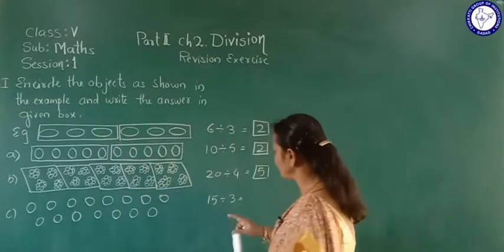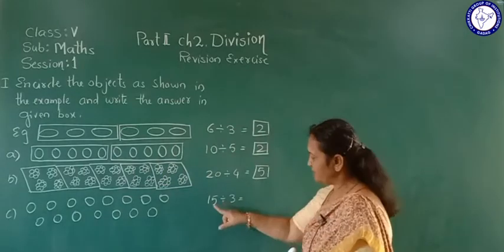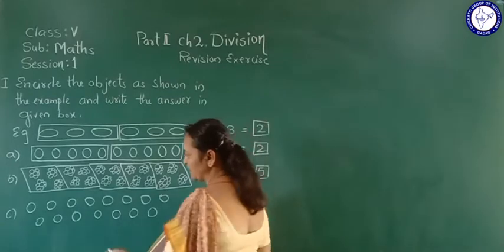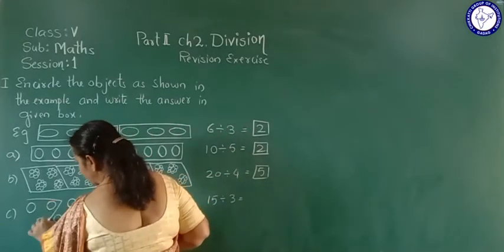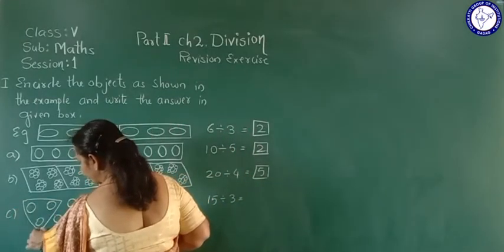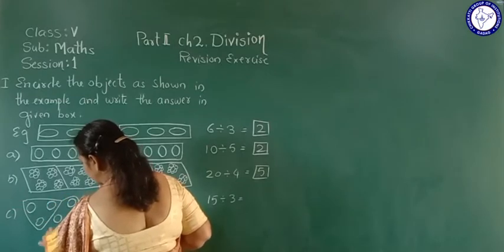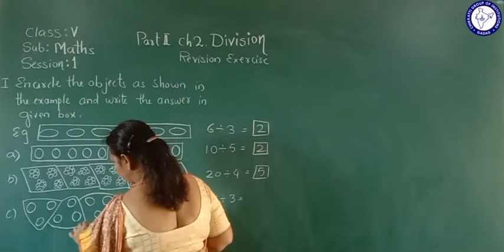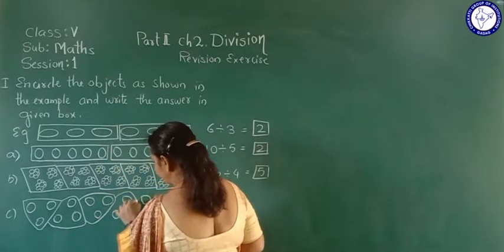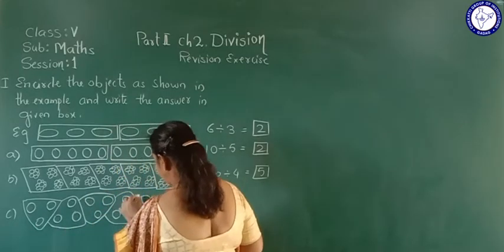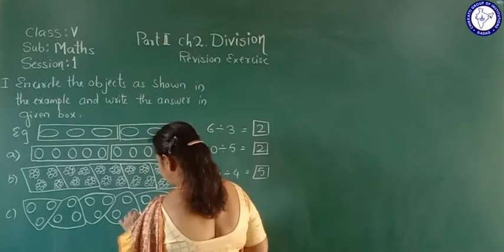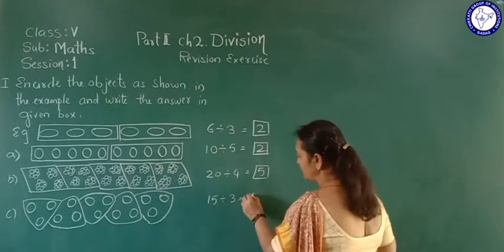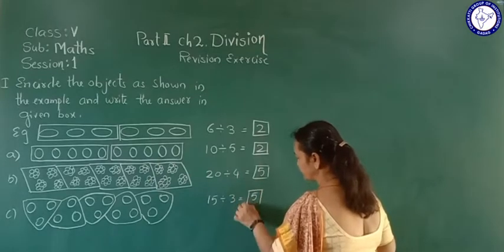Now we have to group in 3. 15 divided by 3. This is one group, this is the second group, here is the third group, this is the fourth group, and here you will find the fifth group. How many groups do we have? 15 divided by 3 is 5 groups.